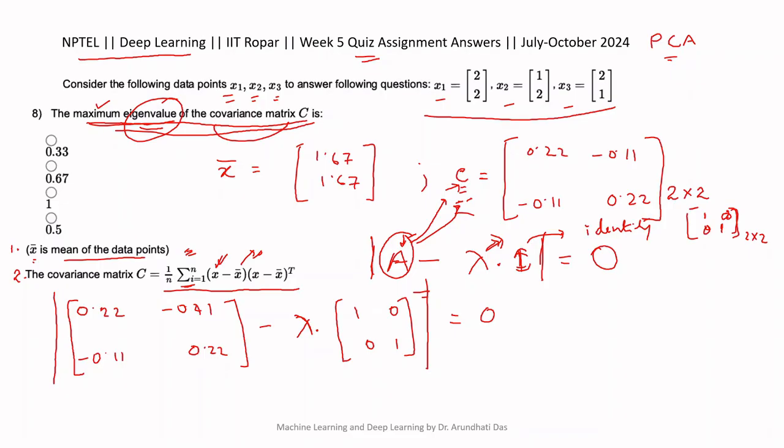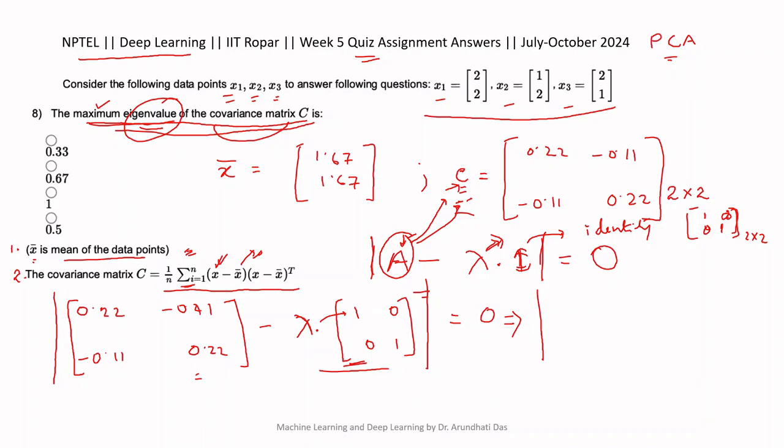So what will be the next step here? I have to multiply this lambda value element-wise with my identity matrix, and then finally subtract that from my covariance matrix.